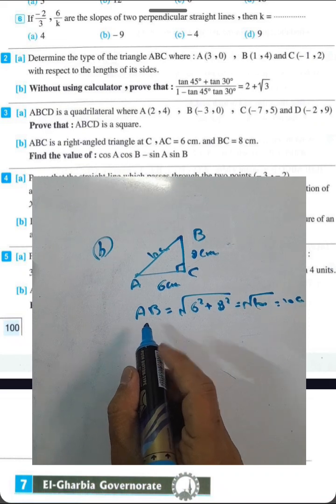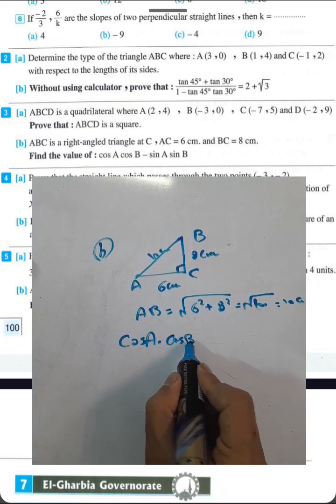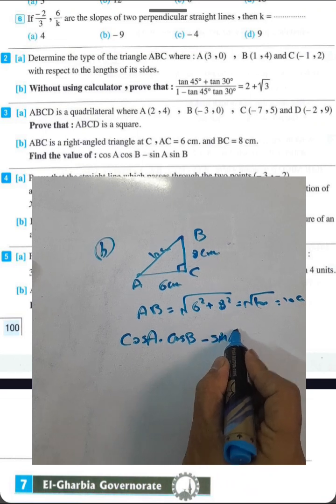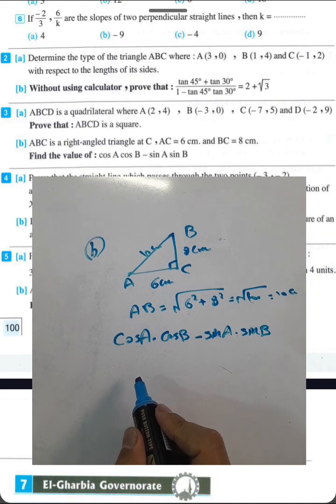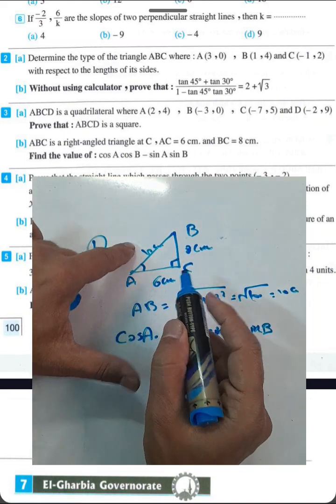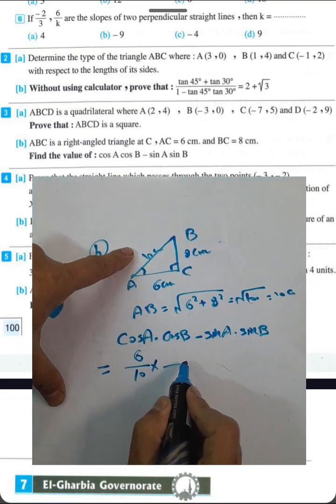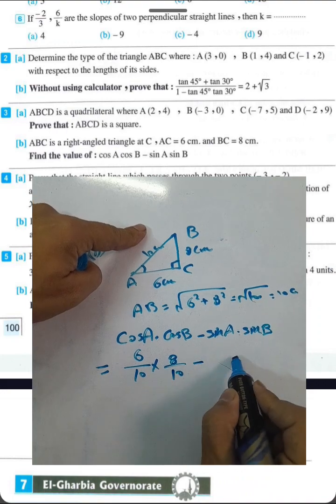Then the result will be 10 centimeters. Then we can write cosine A times cosine B minus sine A times sine B. Cosine A is adjacent over hypotenuse, 6 over 10. Cosine B is adjacent over hypotenuse, 8 over 10.